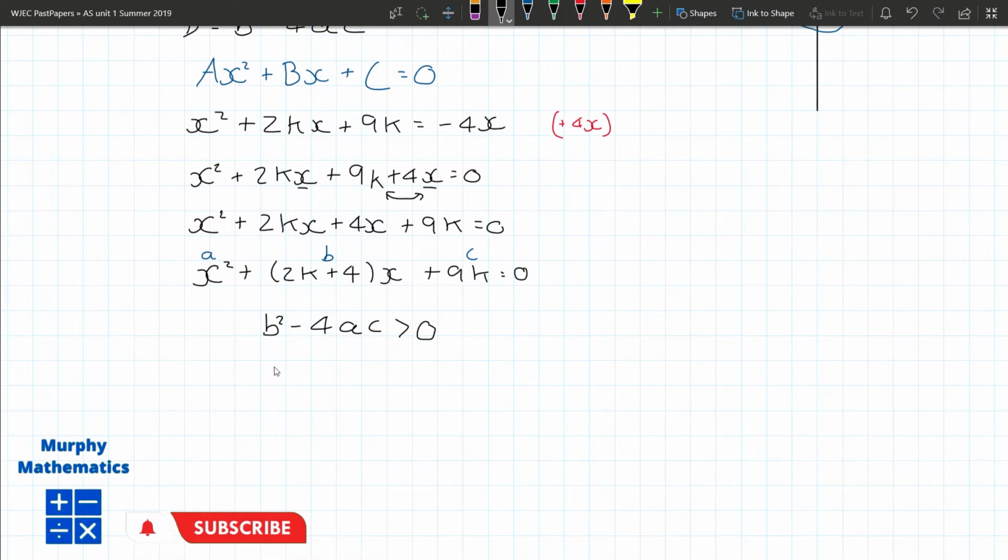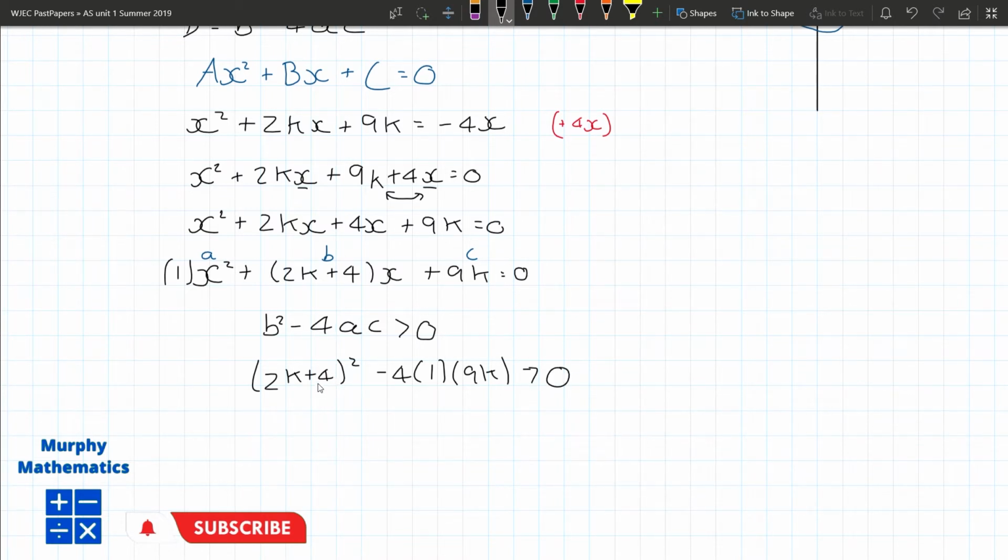So here we go, we have 2k plus 4 for our b, and that's all squared. We have minus 4, then our a is the coefficient of x squared, which is 1. So 1, and then c is just going to be 9k. And we want that to be greater than 0.